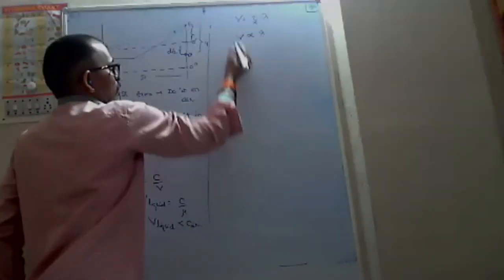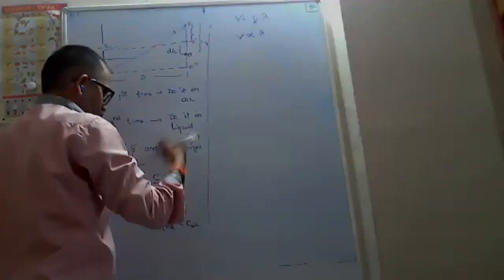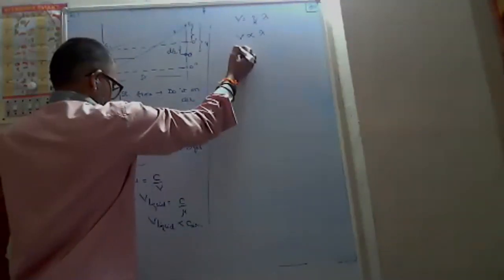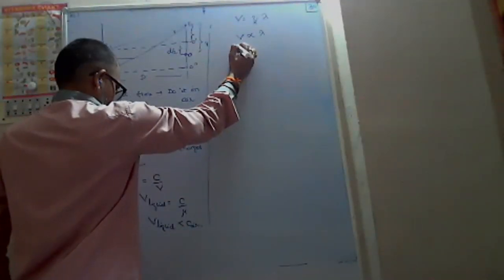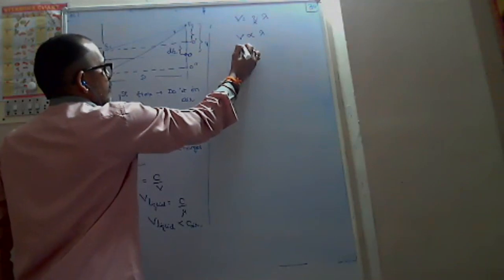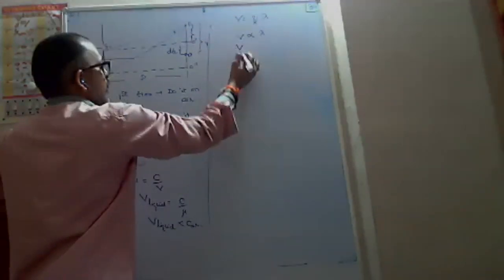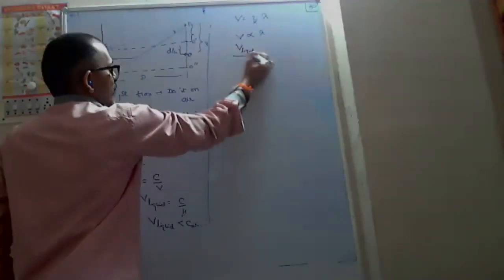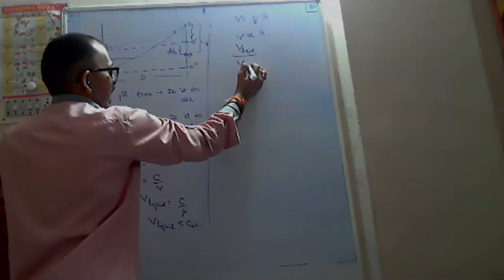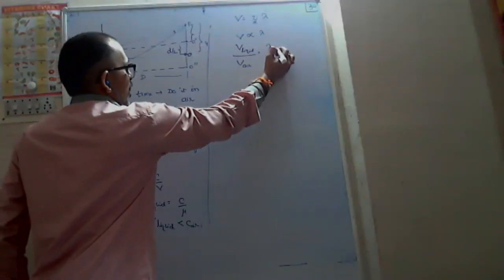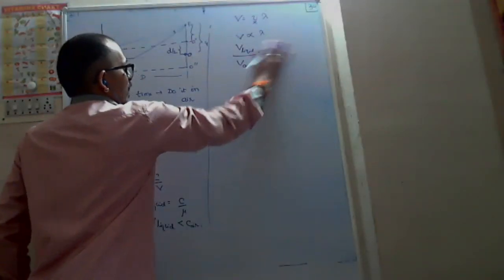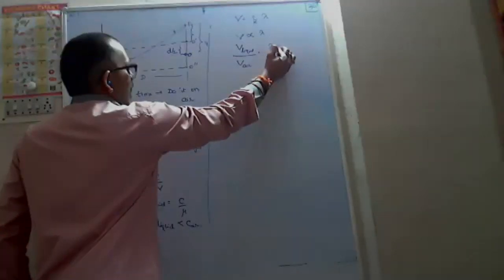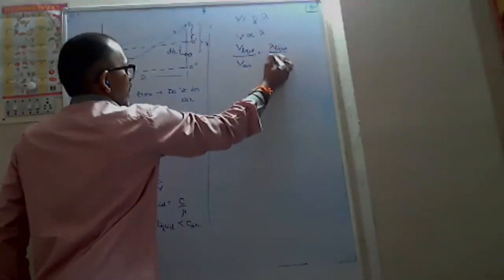The velocity of light in liquid divided by the velocity of light in air equals lambda in liquid by lambda in air.